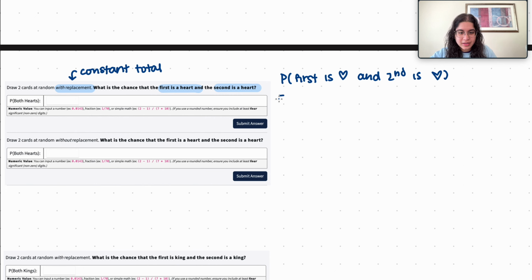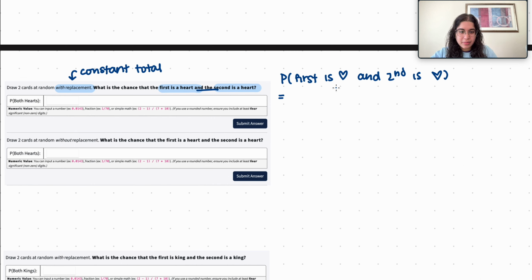To do this, I'll have to use the multiplication rule, because the multiplication rule describes the probability of two events happening right after each other. It says the second is a heart too, so I want the probability of the first being a heart and the second being a heart.